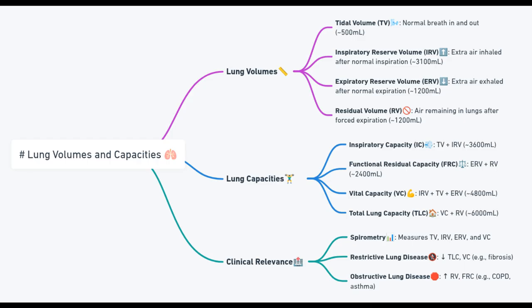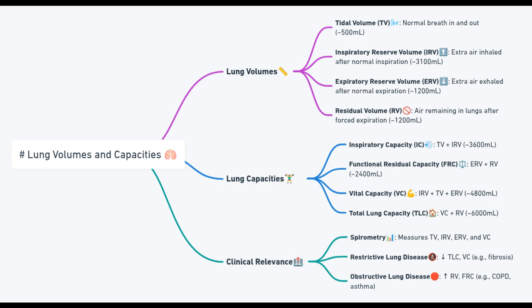And the functional residual capacity is the amount of air remaining in the lungs after a normal tidal expiration. And that is the residual volume plus the expiratory reserve volume.